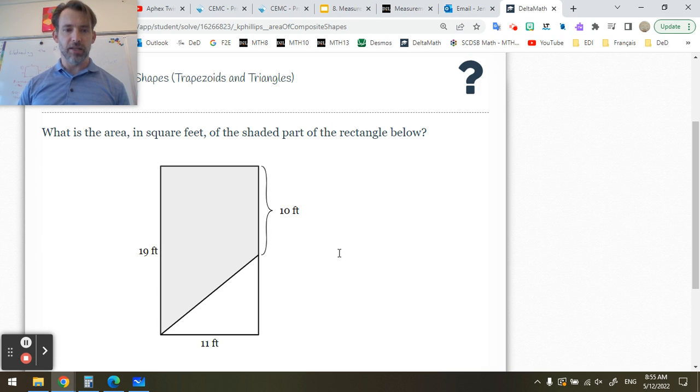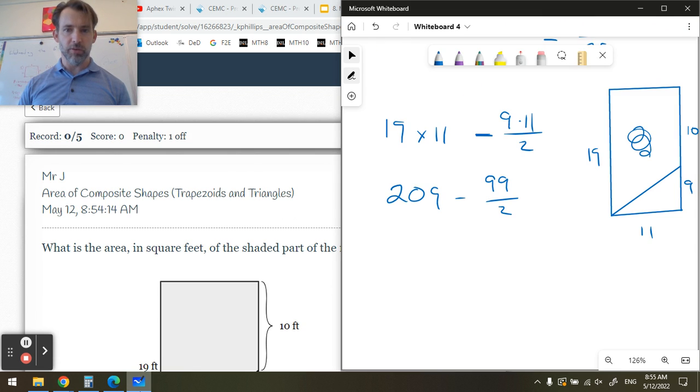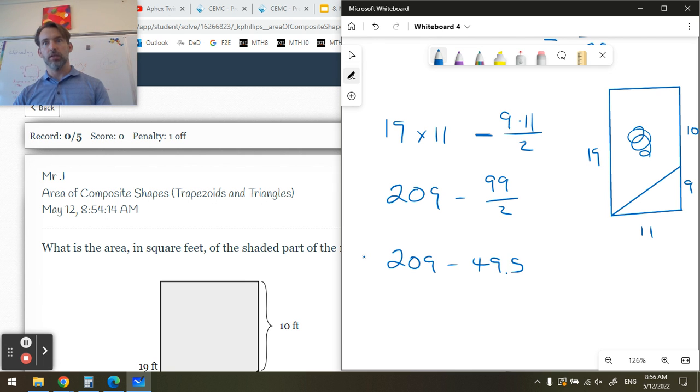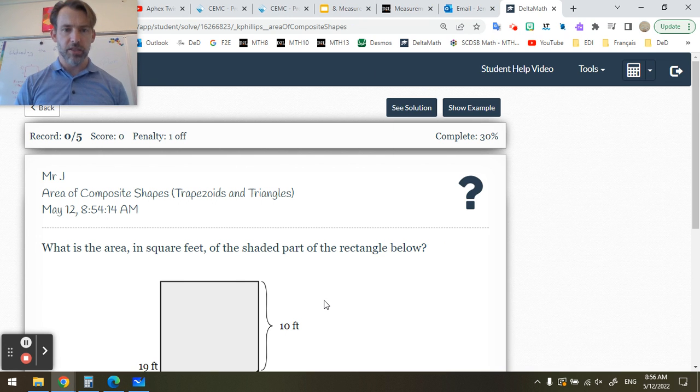I think they'll take a decimal answer, so I'm going to just approximate with decimals. 99 over 2 happens to be 49.5. So 209 minus 49.5, well, that would be 159.5, I believe. 159.5. Let's see if my mental math without checking is any good.